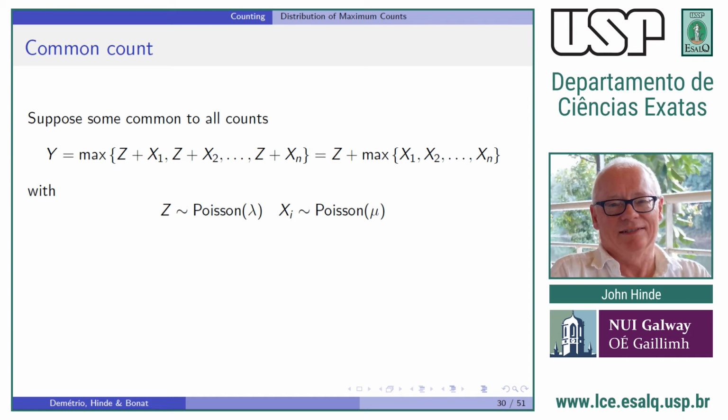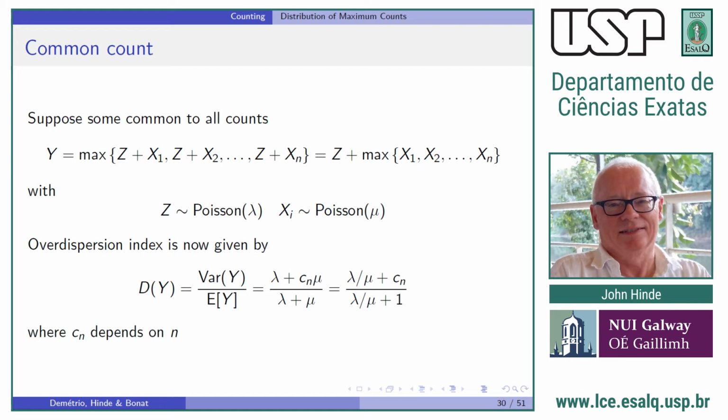And if you allow these to have different means, these are the easy ones to count, these are the hard ones, a little bit of arithmetic says you can get a dispersion that looks like this. It depends upon the ratio of these means, and this is the ratio that depends upon the number of things in the sample.